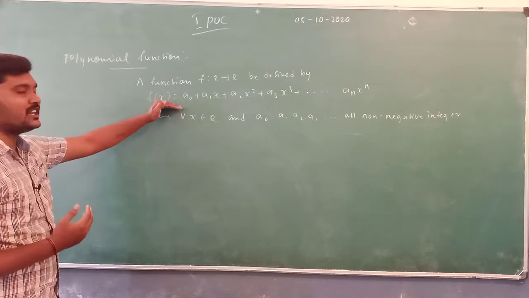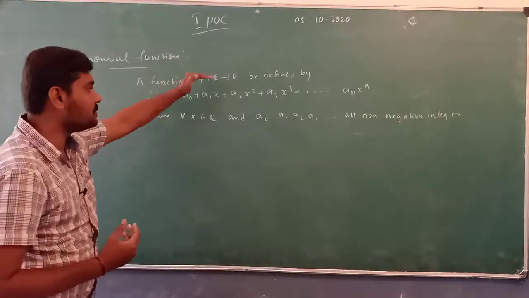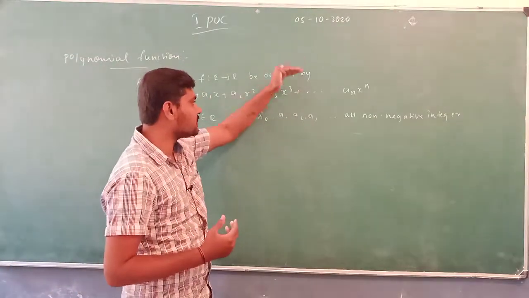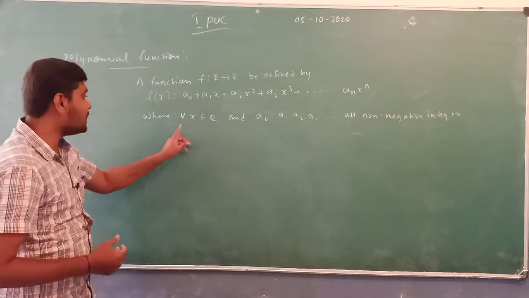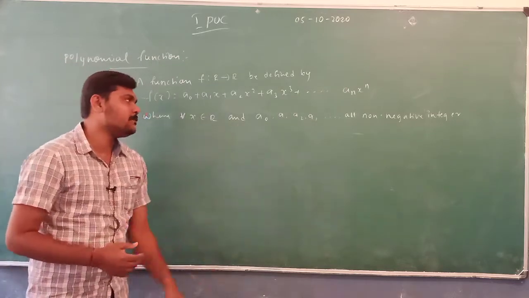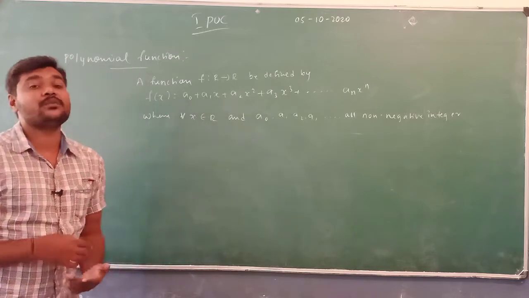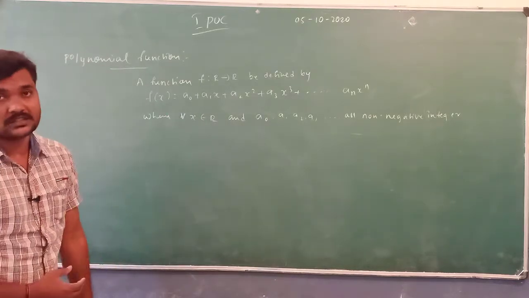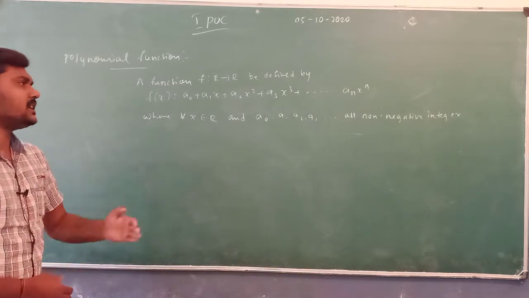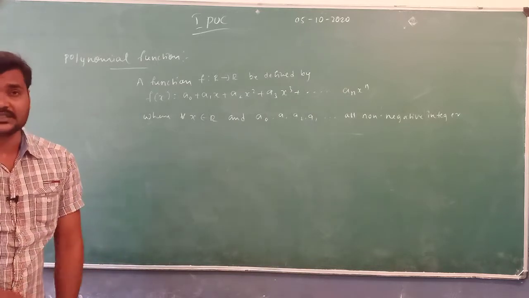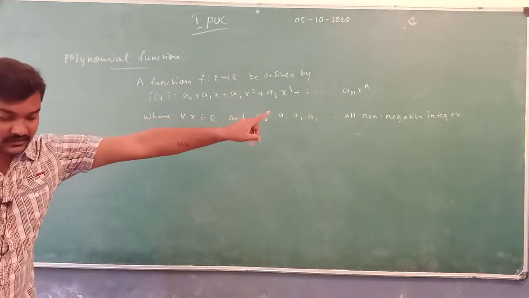Actually, this is the structure of the polynomial, where x belongs to the set of real numbers and a naught, a1, a2, a3 up to an are non-negative integers.